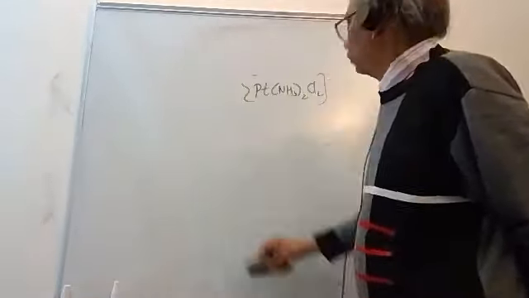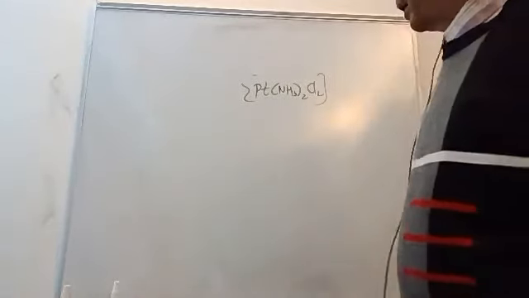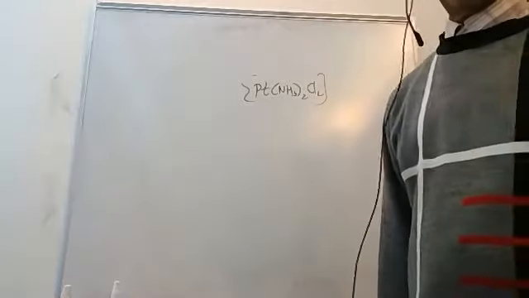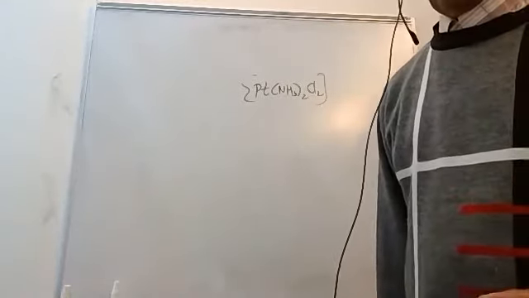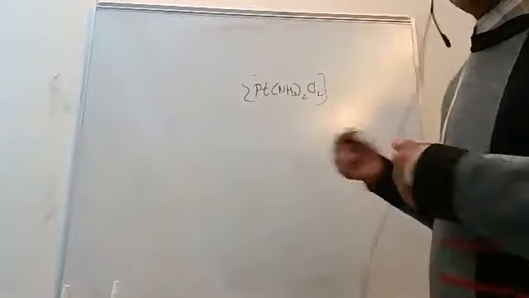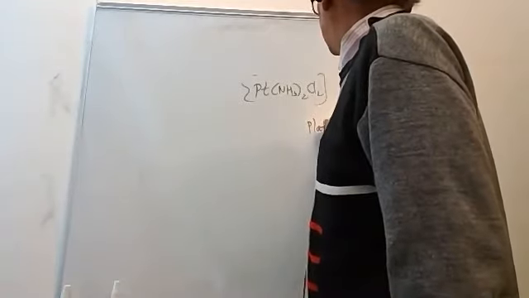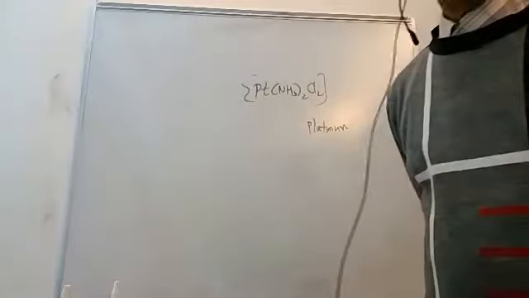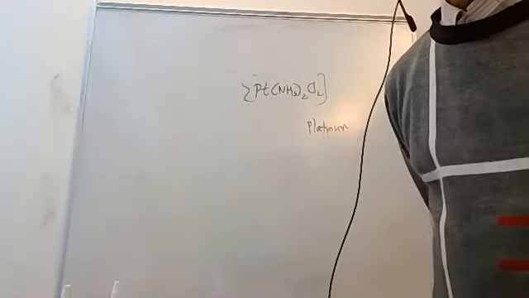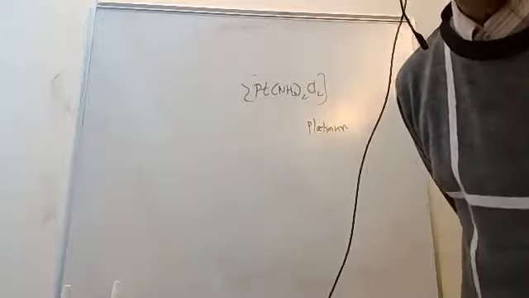All right, so the first thing is, what is the metal here? Platinum. Okay. If the complex is a cationic complex or a neutral complex, then the name of the metal does not change. We just still call that platinum. And usually the name of the metal comes in the end, not in the beginning.